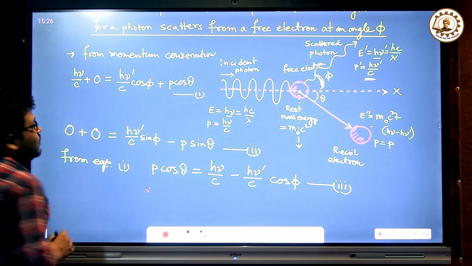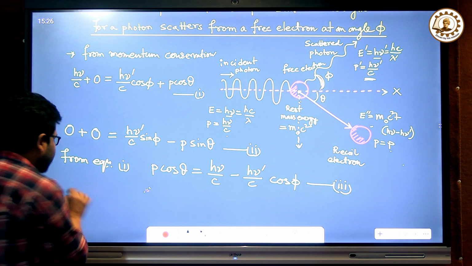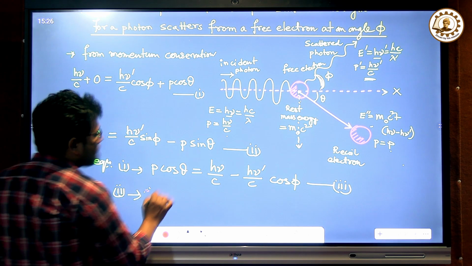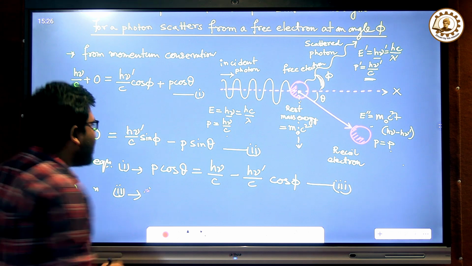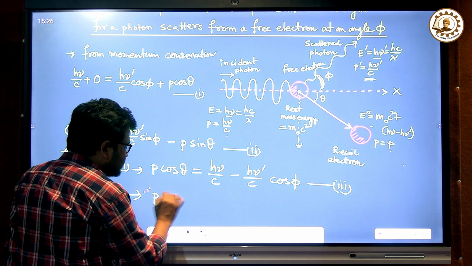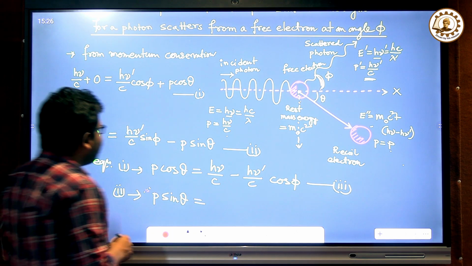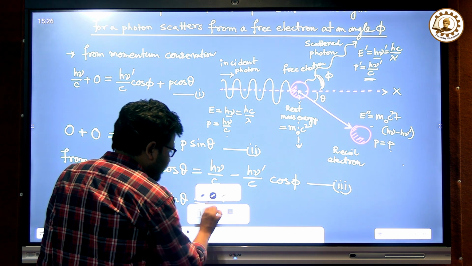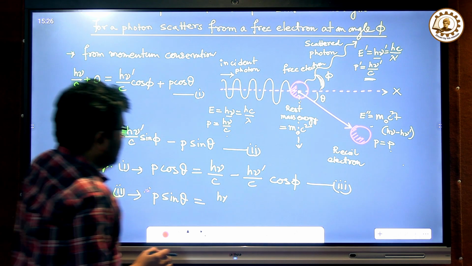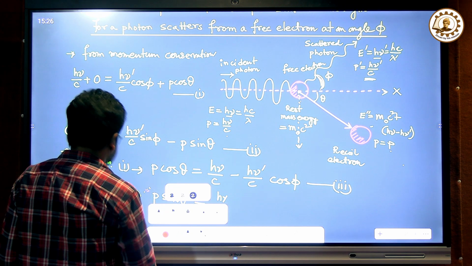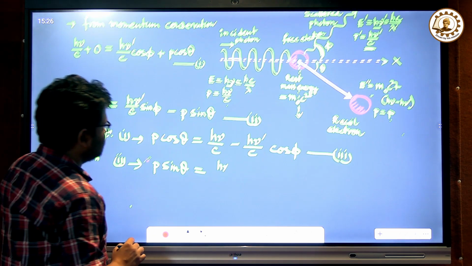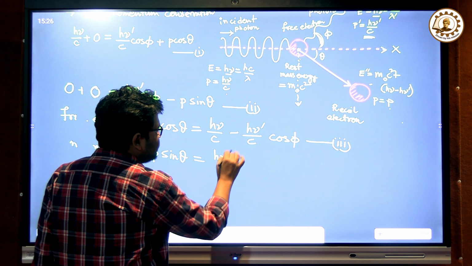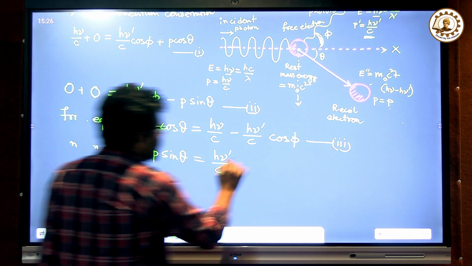Now, what can we write from equation number 2? From equation number 2, keeping p sin theta on the left hand side, we can write p sin theta equals h nu prime by c sin phi.